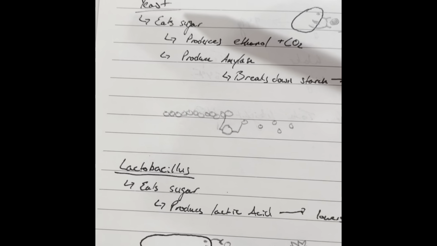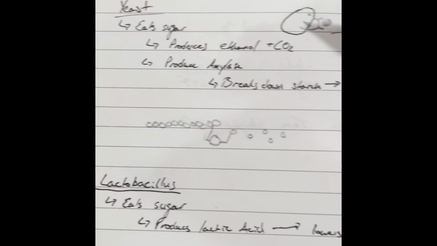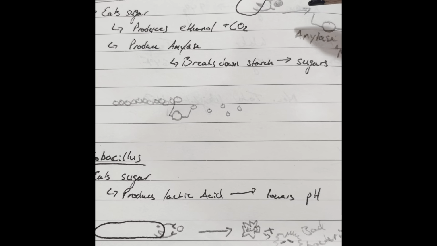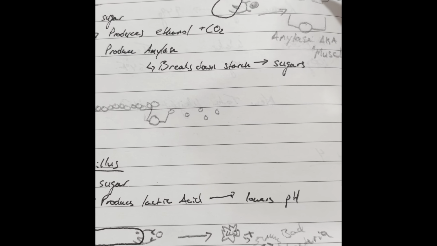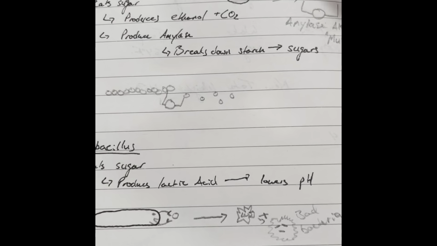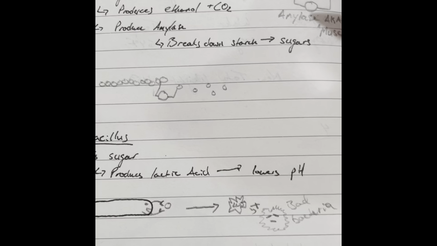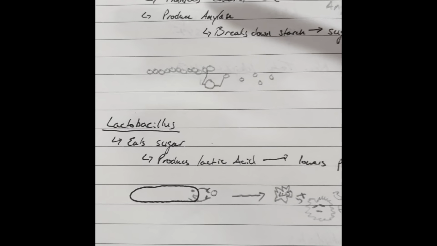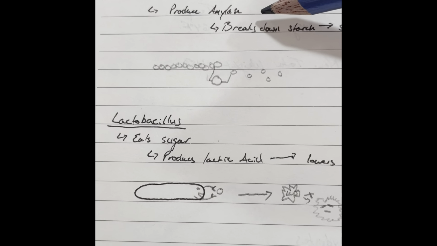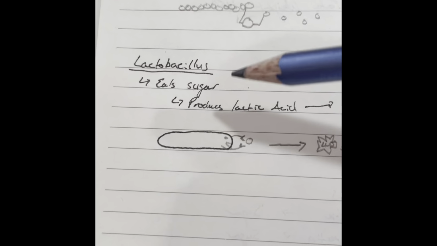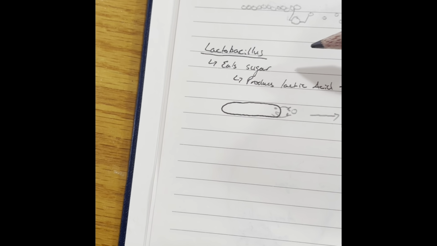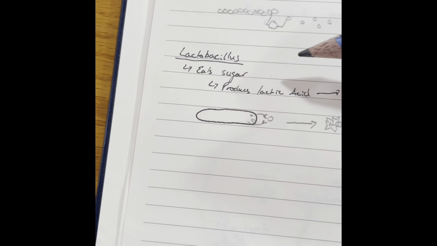So here we go. Yeast, this little yeast guy over here, eats the sugar, and then he makes ethanol and also carbon dioxide, this gas, which makes all the little bubbles inside of our sourdough starter. He also produces amylase, and I'll get to that in just a second. Then we have the bacteria lactobacillus, a lactic acid producing bacteria.